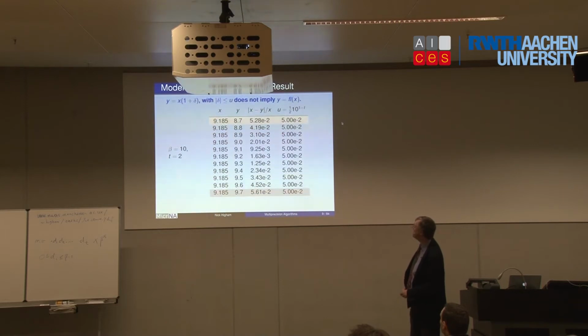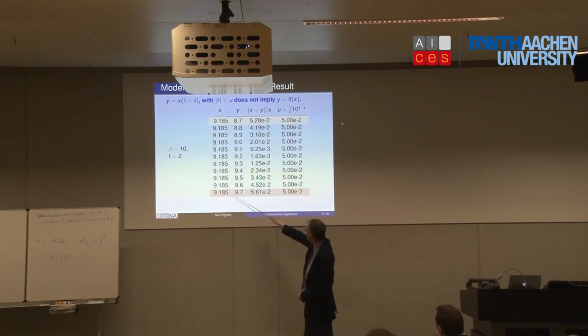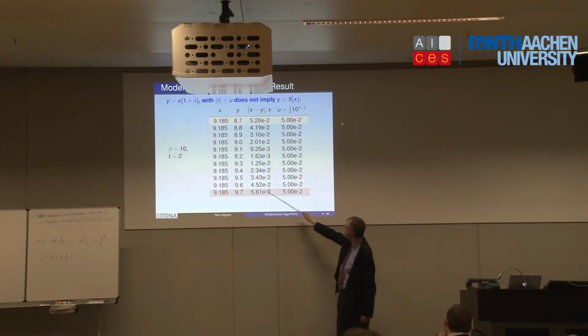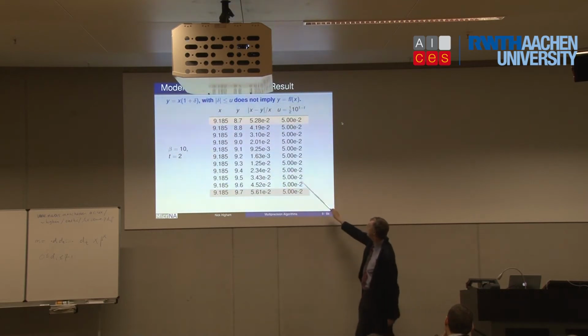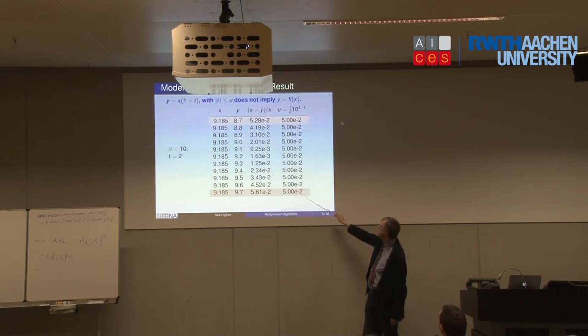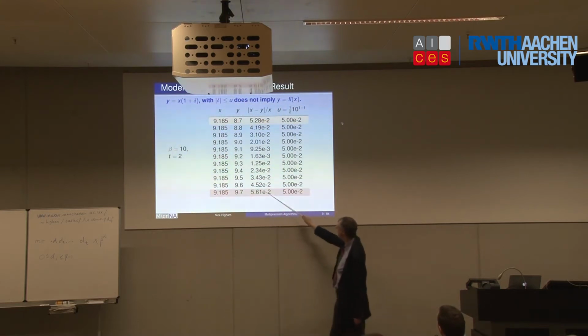So here I'm taking x as 9.185. There's x, which is always the same, and here's some different y. Here's the relative error between x and y, which is essentially the delta up there. So the question is, is this quantity bounded by little u? Well, if I take y as 9.7 and there's my x, then the relative error is bigger.